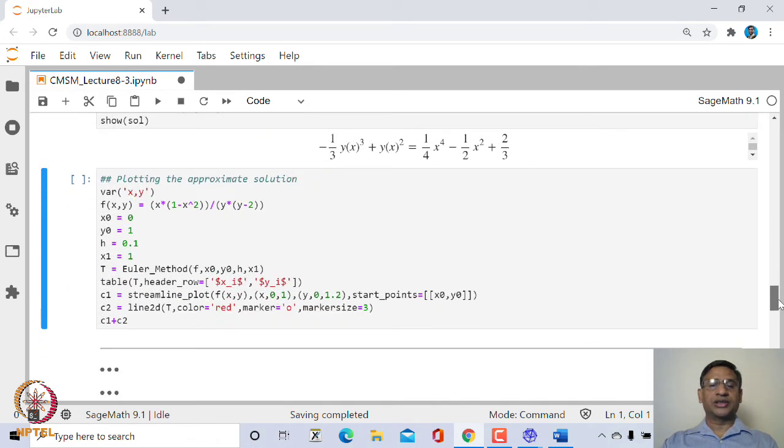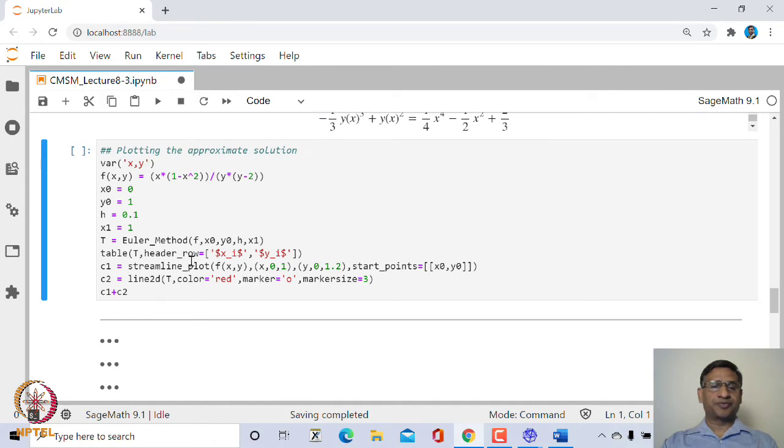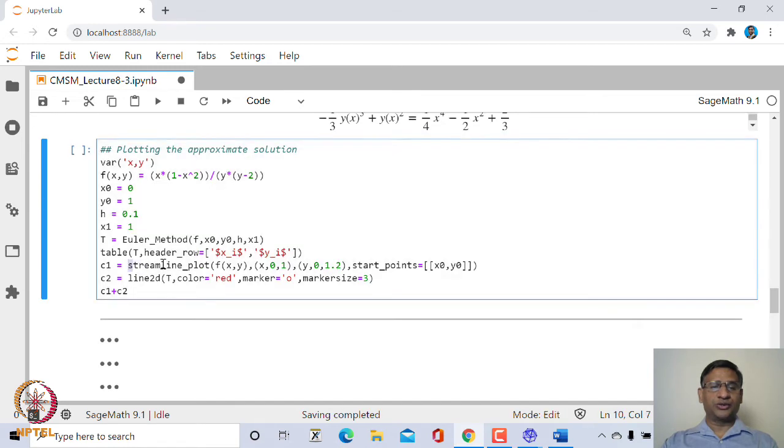So let us look at geometrically what it means. First let us plot the graph of the solution, and we can do that using streamline_plot, which we have seen in the last class. We want to plot the integral curve passing through x0, y0, that is the starting point, and then we also want to plot the set of points xi, yi obtained using Euler's method, right.